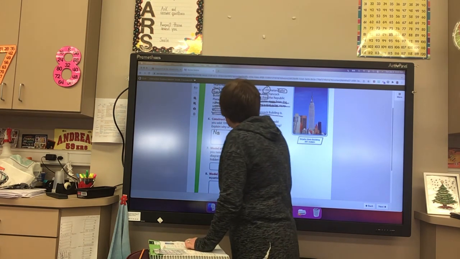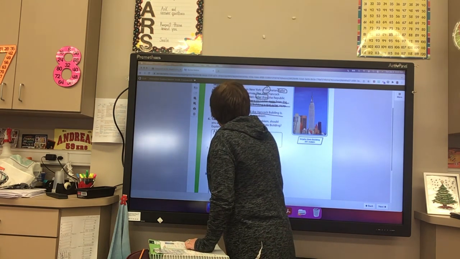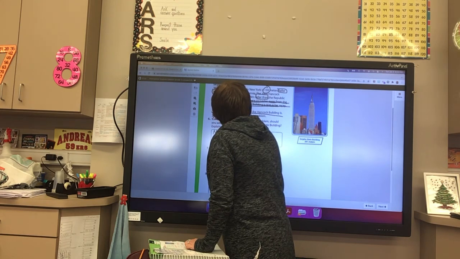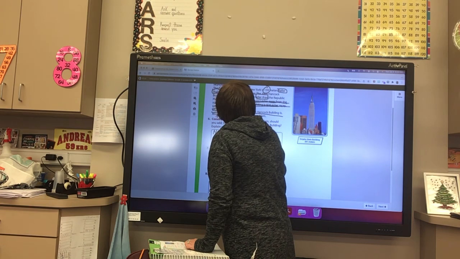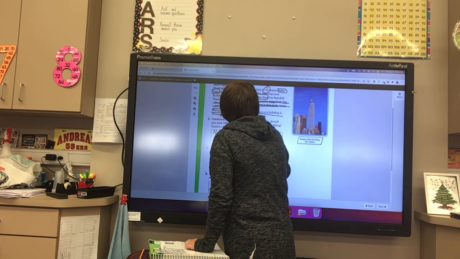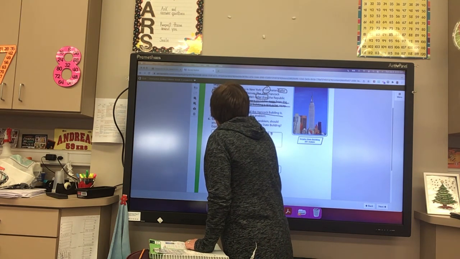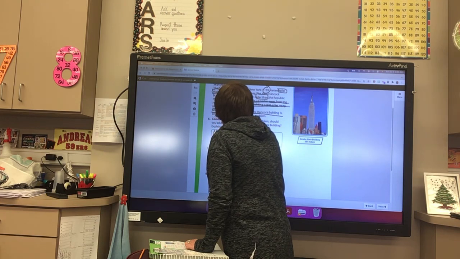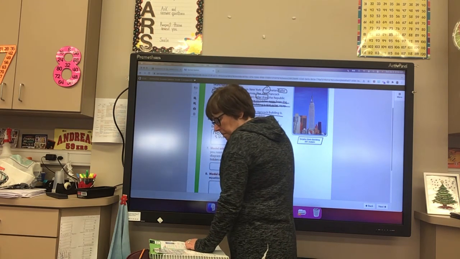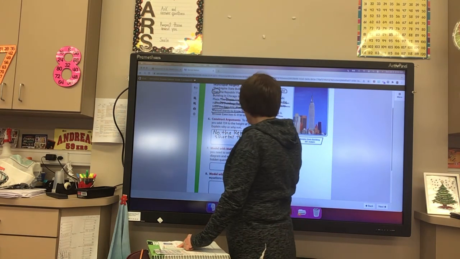So say no, the Republic Plaza is shorter than the Empire State Building.